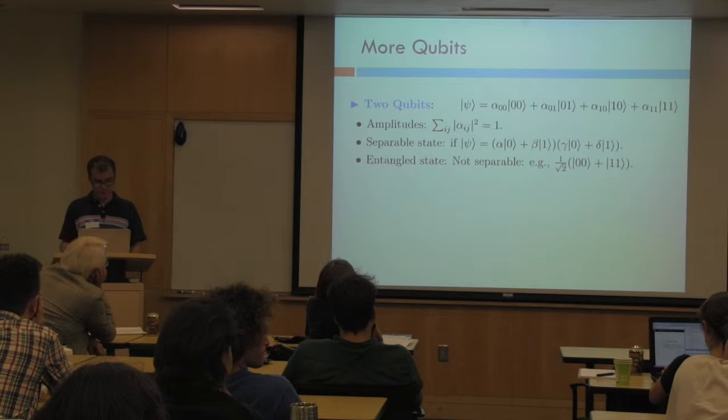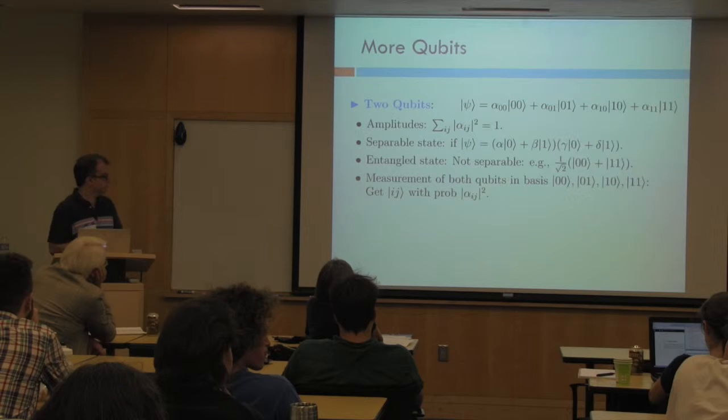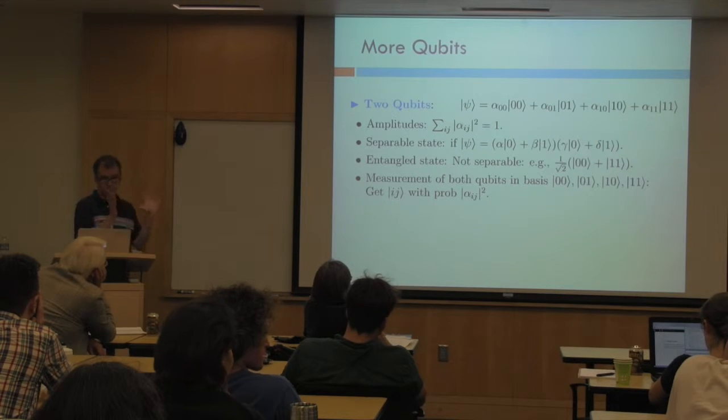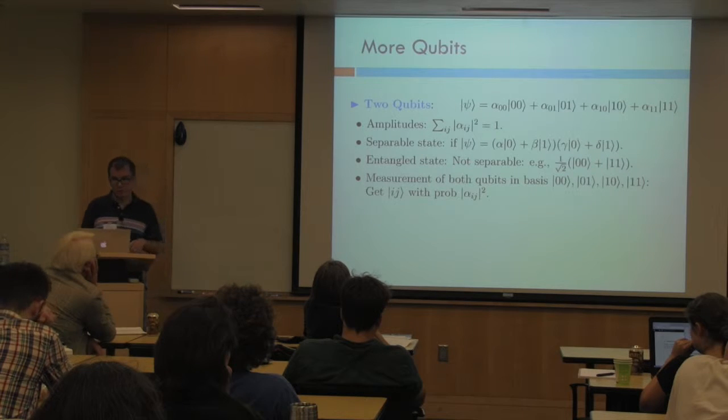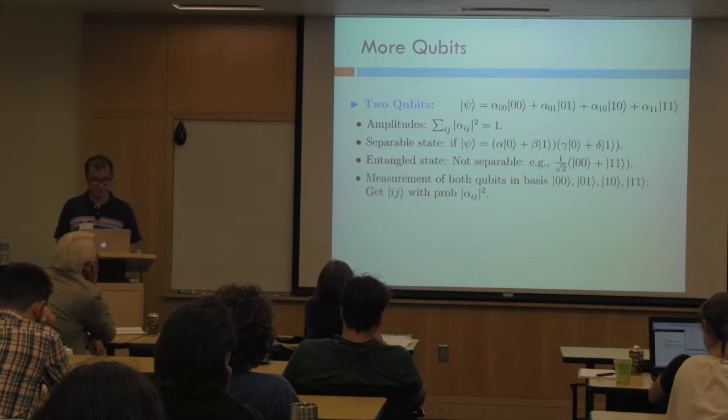And you can have states that are entangled, which are not separable. You have a four-dimensional basis represented by zeros and ones. If you measure in this basis, then the probability that it will collapse to state ij will be alpha ij squared.